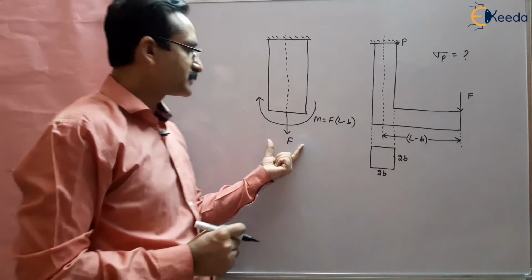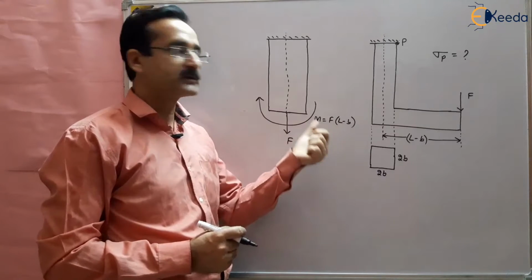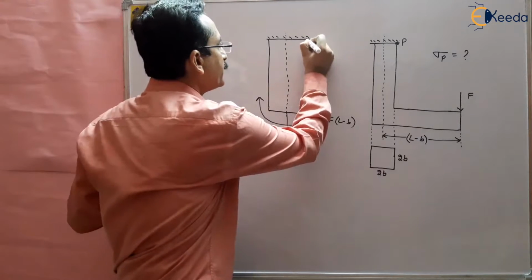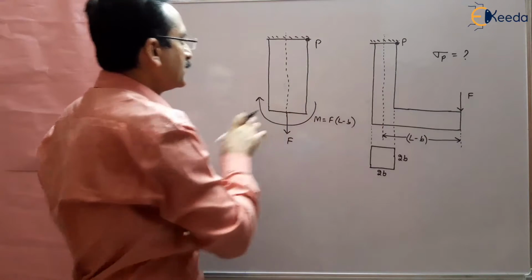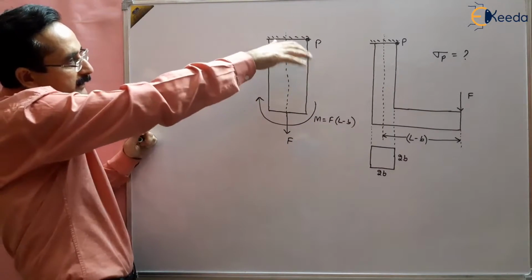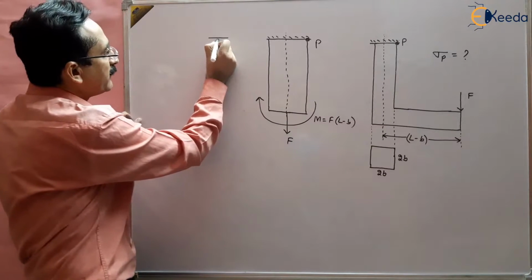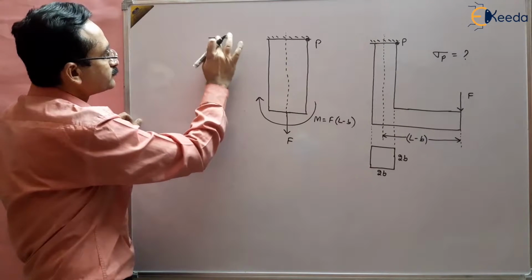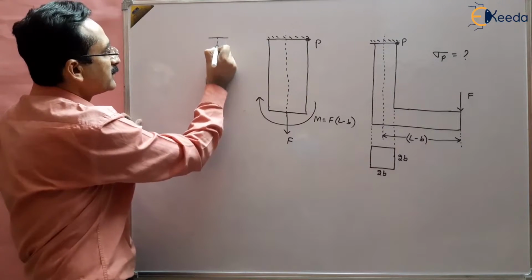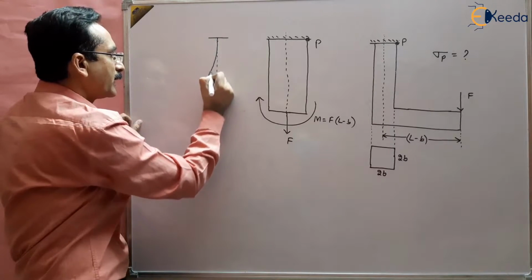So due to the direct load, there will be direct stresses developed. Due to the bending moment, there will be bending stresses developed. And at point P, you can see here, it will try to bend in this direction. So if this is the initial axis, bending will be like this, right?